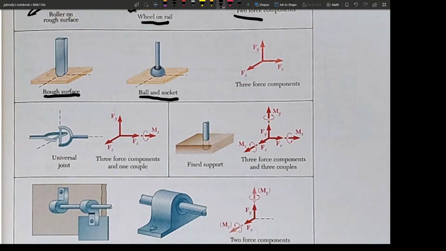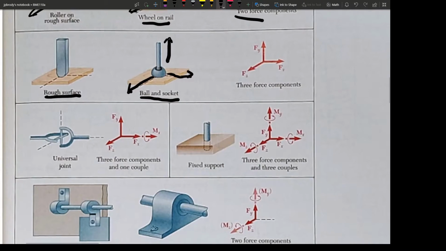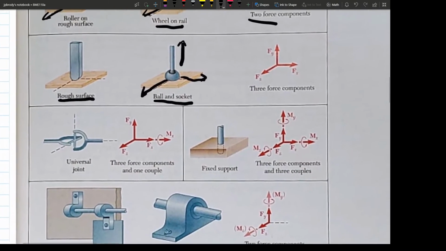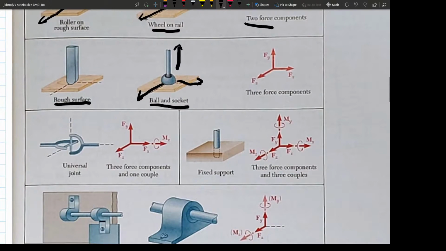There's of course the one, F sub y, one component normal to the surface, perpendicular to the surface, and then since this one's the ball and socket, it can provide resistance along this x-axis and along this y-axis, and similar over here with the rough surface.